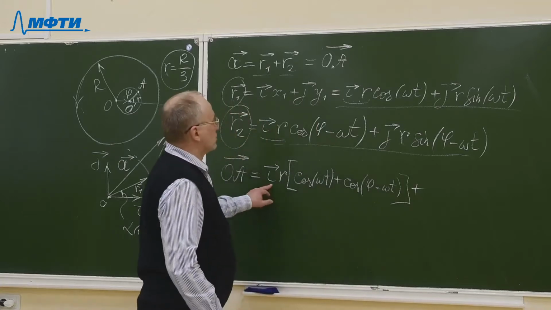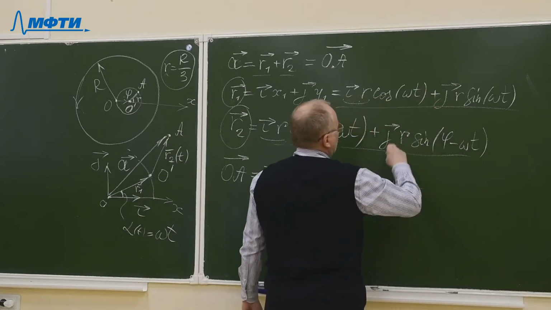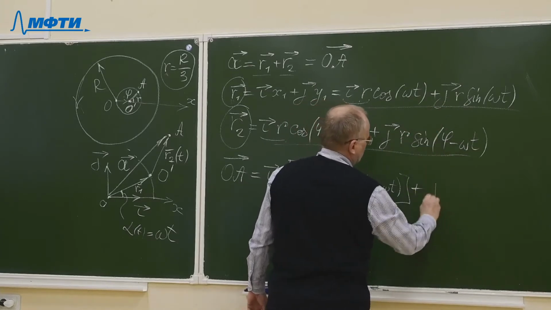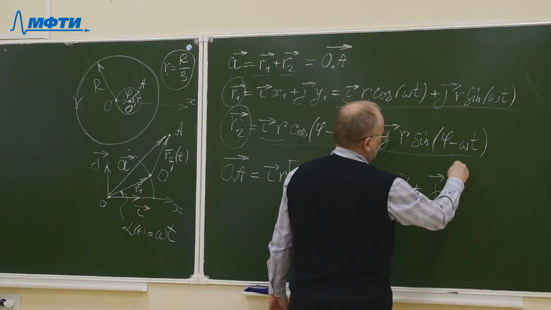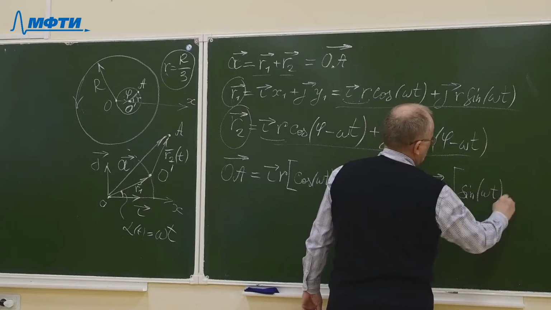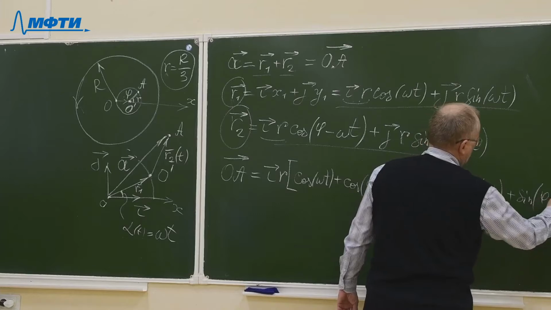And also I will group the remaining terms which are directed along the j unit vector. That will be j, amplitude r, and here I will have sine omega t plus sine of phi minus omega t.